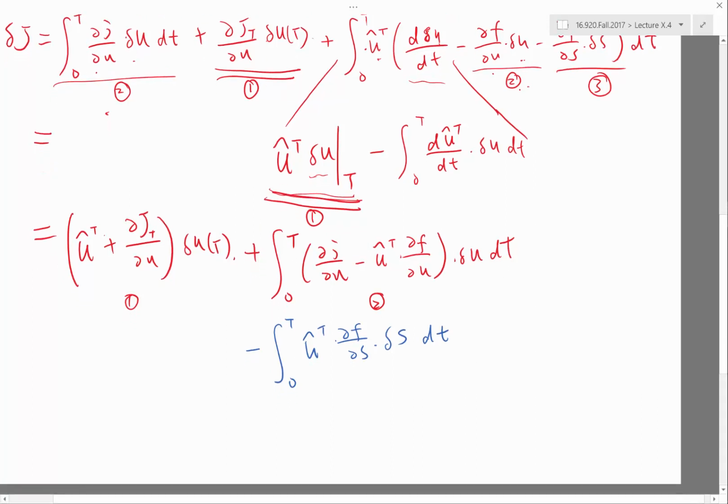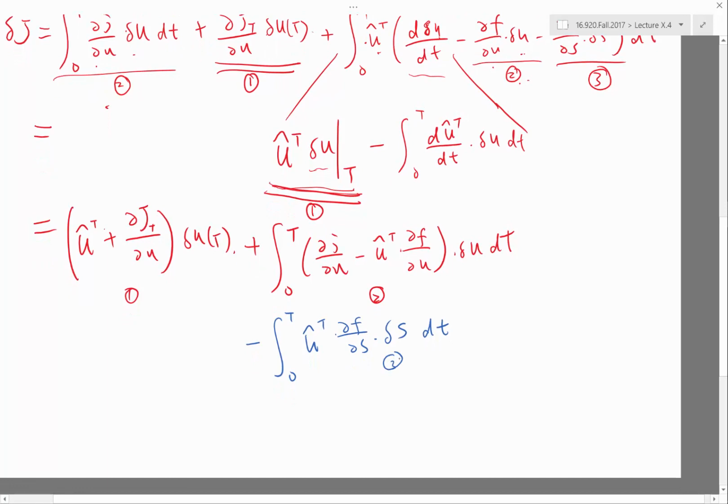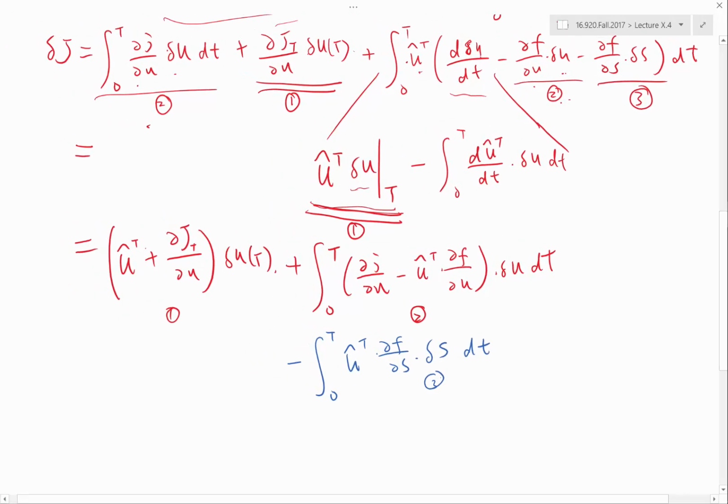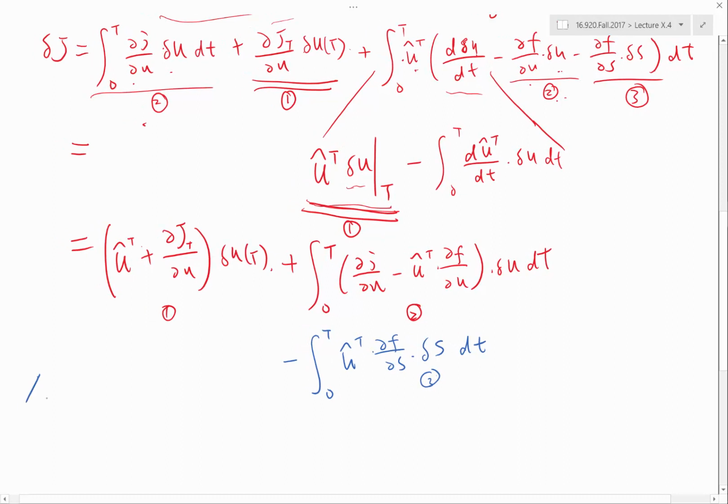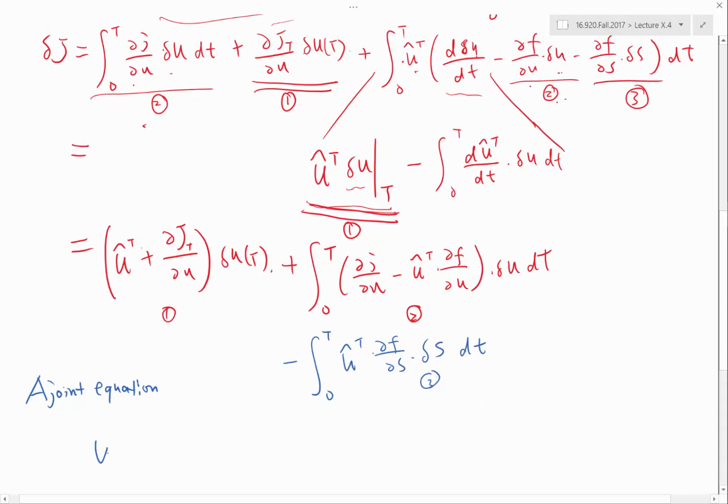Okay, so now this is the third term, and the adjoint equation. Let's say, what do I need to get rid of both red terms? The adjoint equation, first of all, the first term we need to make sure is 0. So û at time big T, remember û is a function of t, right, has to be minus partial J_T partial u transpose.